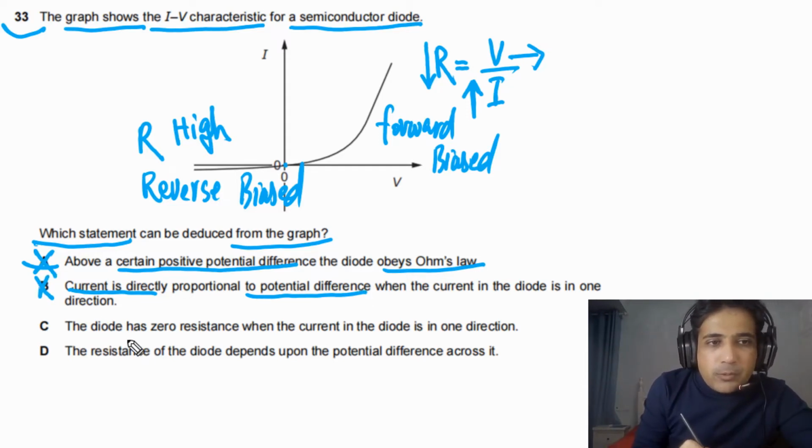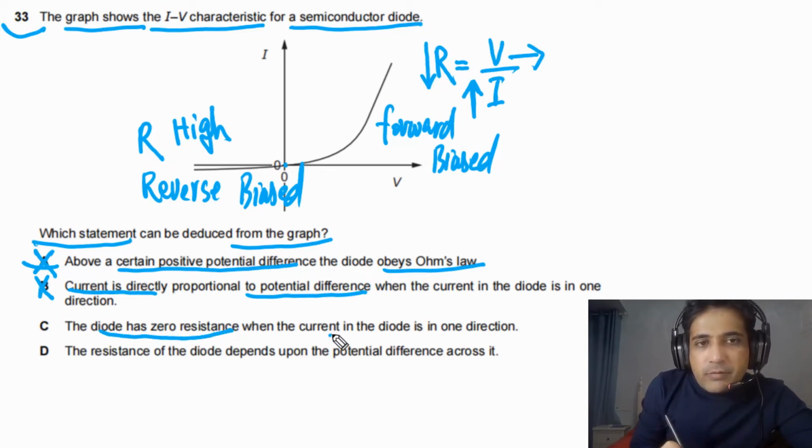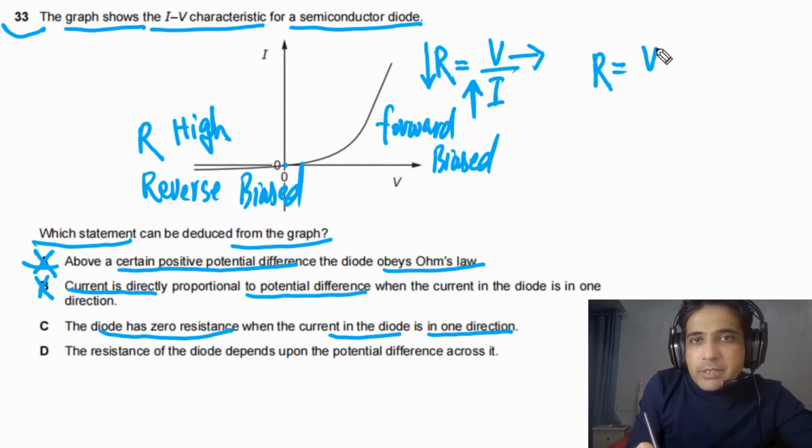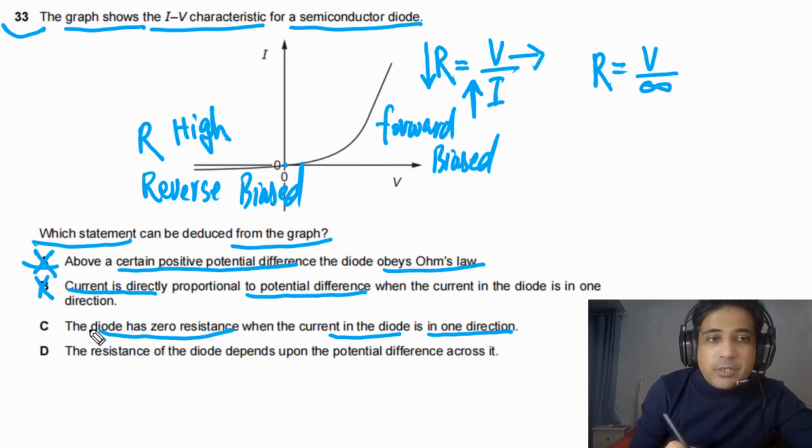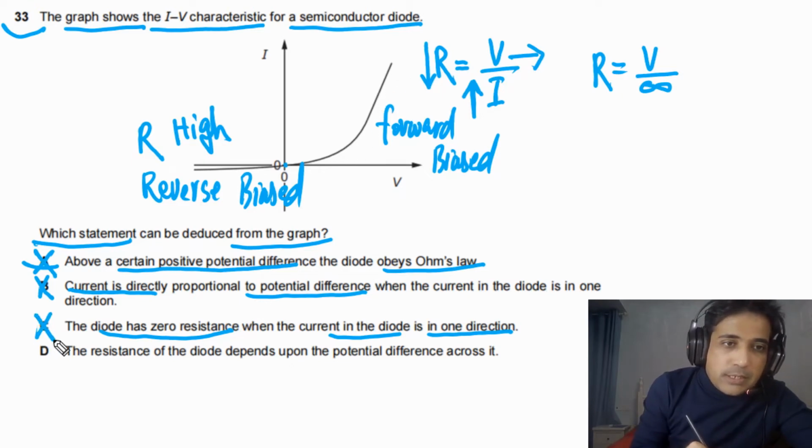If you look at option C, it is given to us the diode has zero resistance when current in the diode is in one direction. Resistance will be zero when current is infinite. But current is not infinite. So option C is also incorrect.